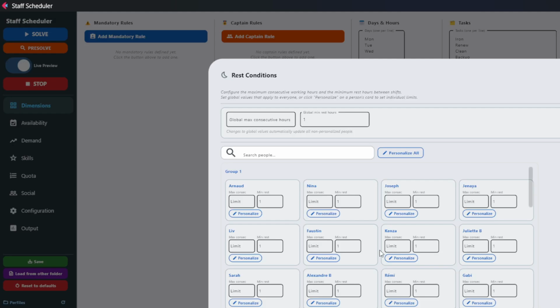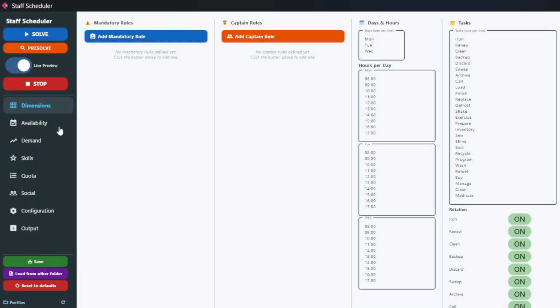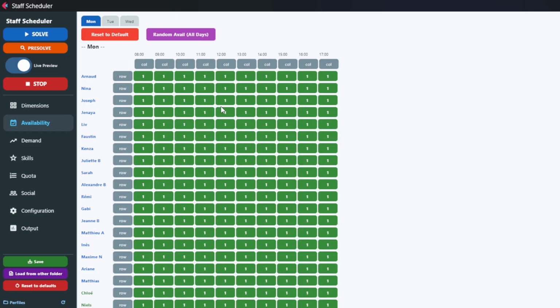Here we have to change basically how many hours can anyone work consecutively. And this is the amount of hours that they would have to rest once they have finished their shift. So then we have a matrix to basically tell the program the availability of people throughout the days, and it has three states.